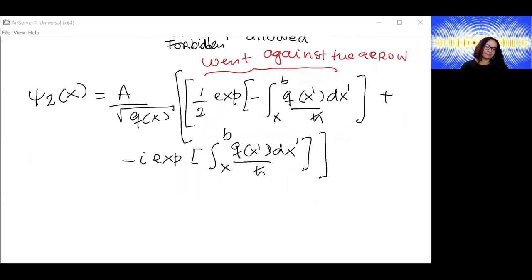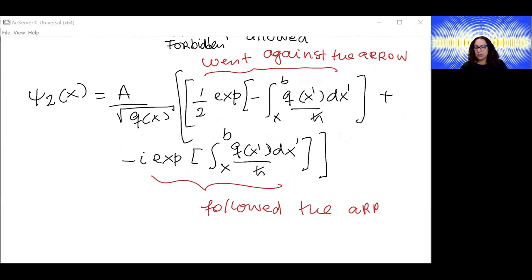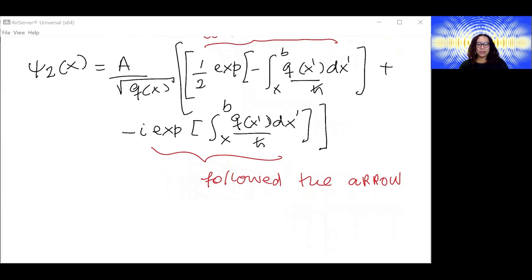And this one followed the arrow. I told you in the previous lecture that you have to be careful with this, with the arrow, but sometimes you can go against the arrow because you know how psi 3 has to be. So it's again a question of common sense, and is a question of knowing what you're doing.